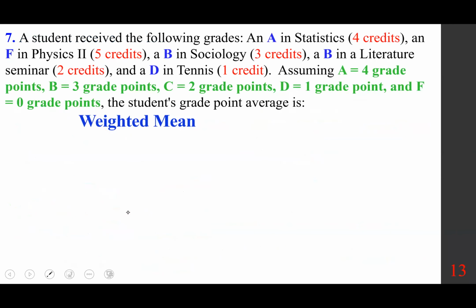Could somebody read this question, please? A student received the following grades: an A in statistics, 4 credits, an F in physics 2, 5 credits, a B in sociology 3 credits, a B in a literature seminar 2 credits, and a D in tennis 1 credit, assuming A equals 4 grade points, B equals 3 grade points, C equals 2 grade points, D equals 1 grade point, and F equals 0 grade points.